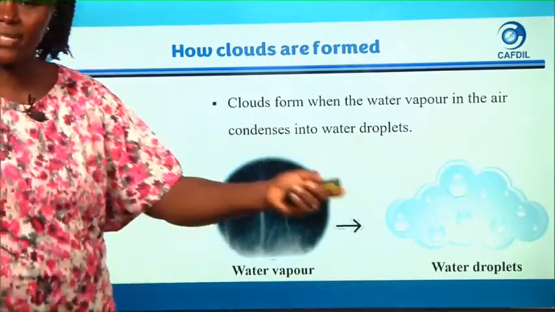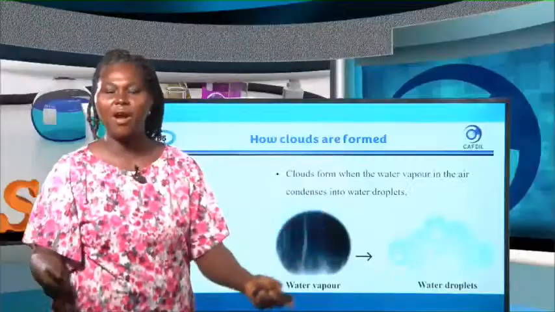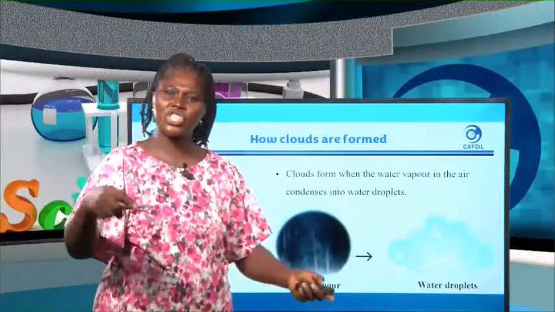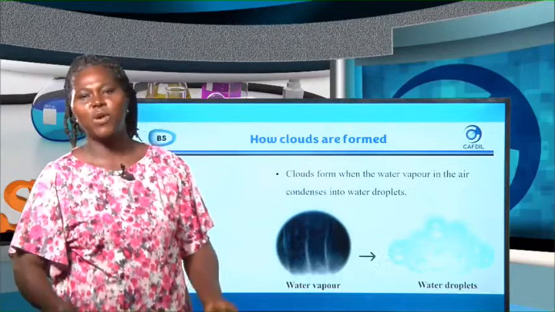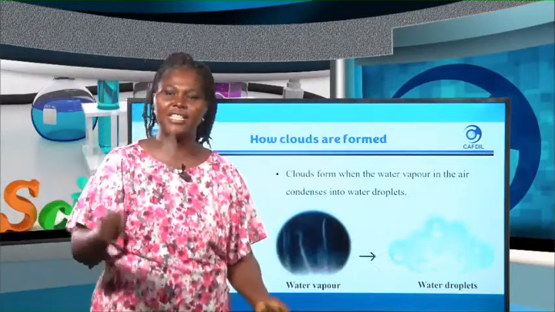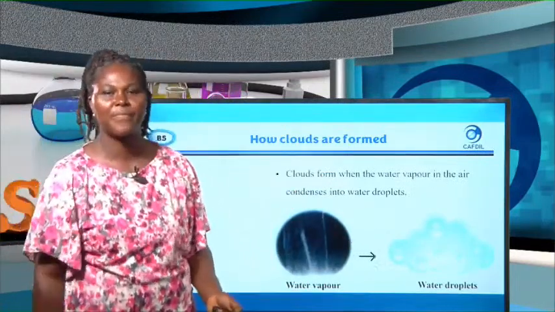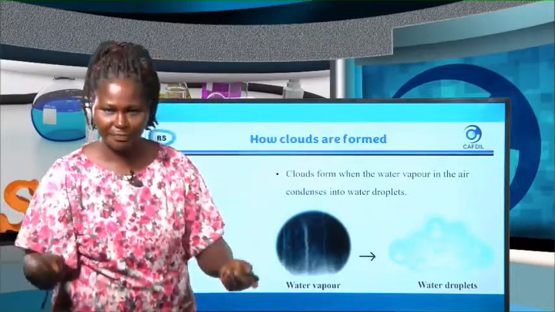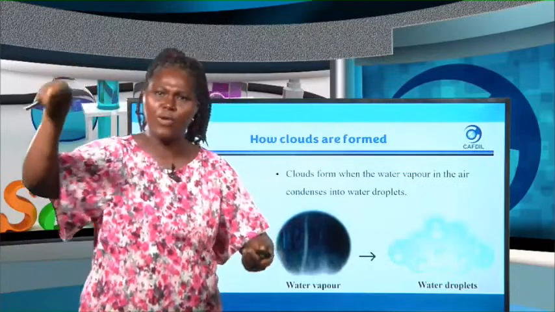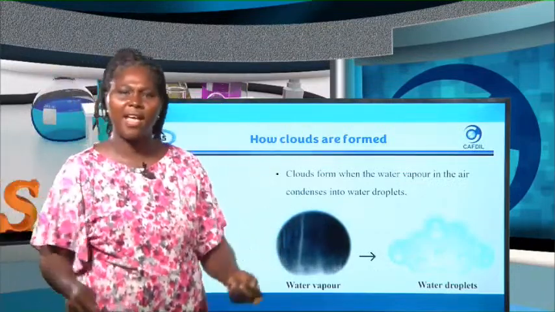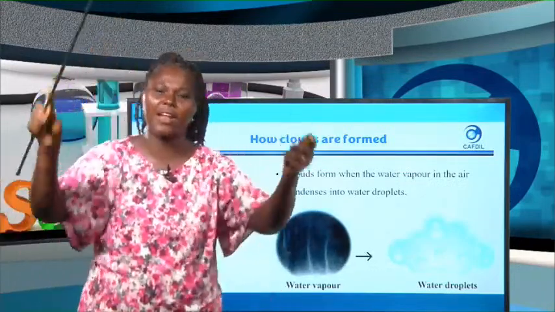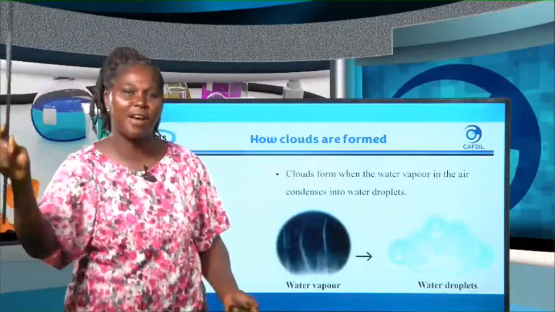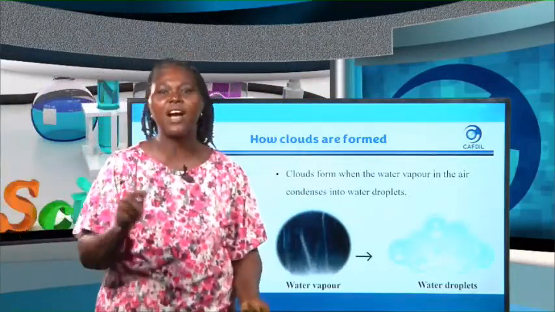So the water bodies in our environment, when the sun shines on them, the water evaporates and gets into our atmosphere. When the droplets of water are heavy, they form cloud. So this is how clouds are formed.